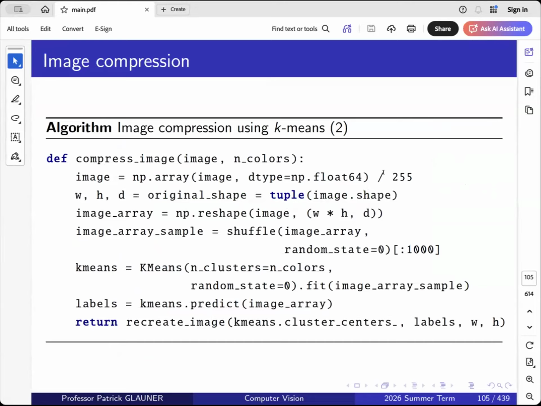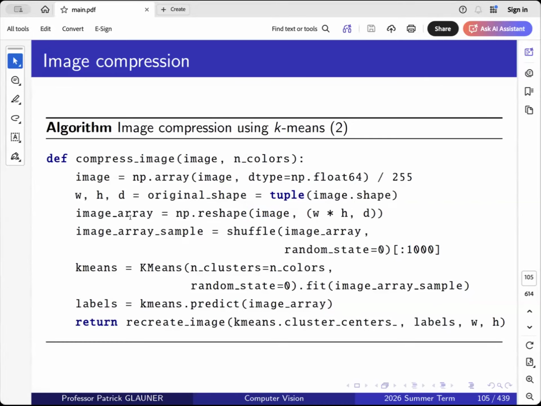But again, probably it would also run without the 255. Maybe k-means could run a little bit faster if I have this normalization. Just run it and see if it still works if you leave it out. I don't think it will. Maybe the reshaping would expect that we are in this range, but I don't think so. Just give it a try and see if it still works. But it's probably just a detail.